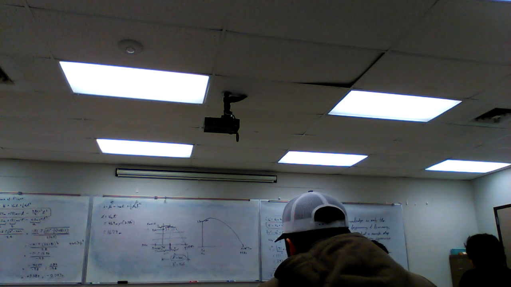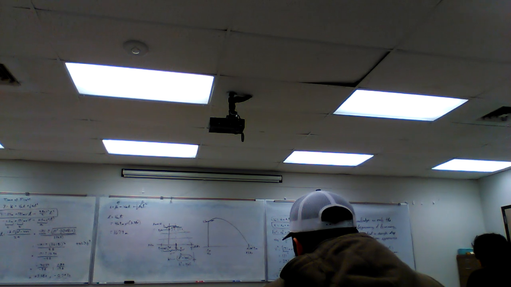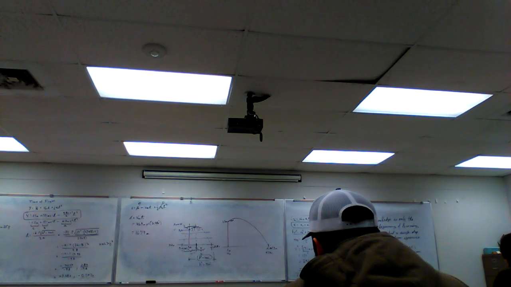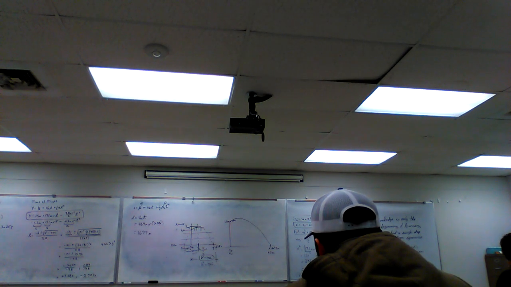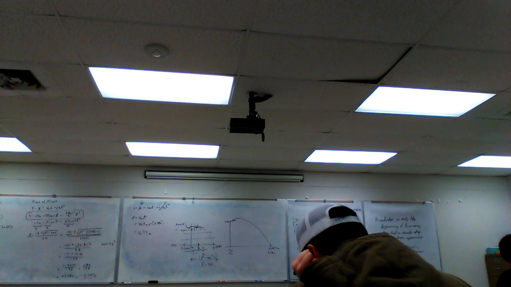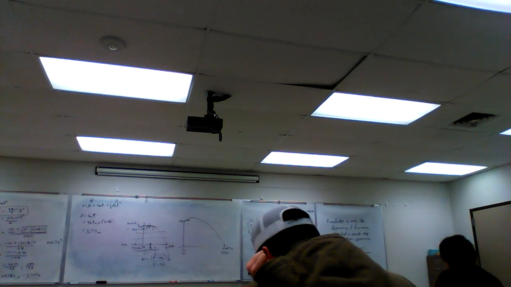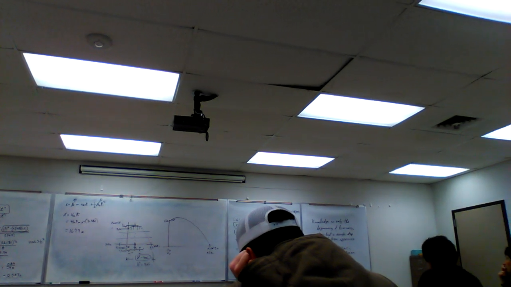If we're looking to solve for t, we would say v final minus v sub naught divided by a equals t. So that would be 16.2 minus 17.1. What is that?